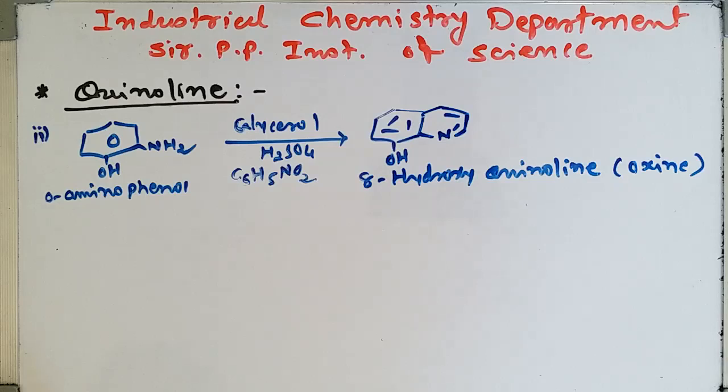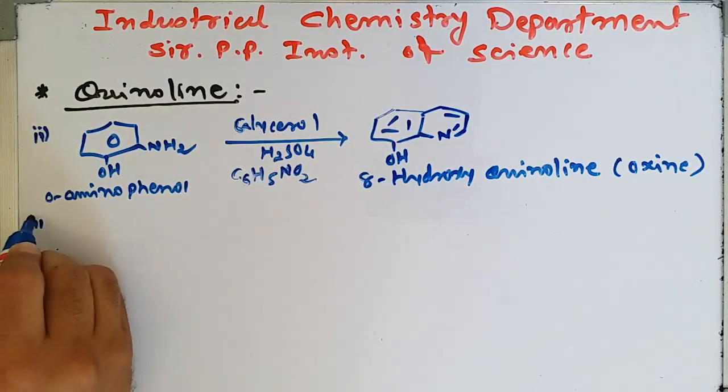Ortho-substituted aniline has only one product. But if we use meta-substituted aniline, it has two ortho positions free, and hence we get different forms of quinolines, that is 5 and 7 substituted quinolines.